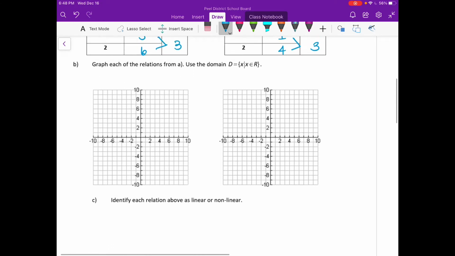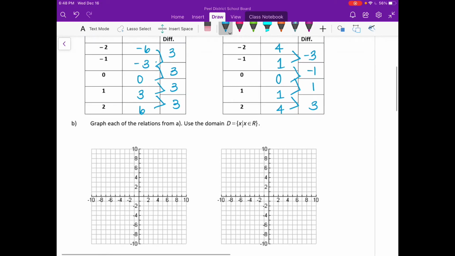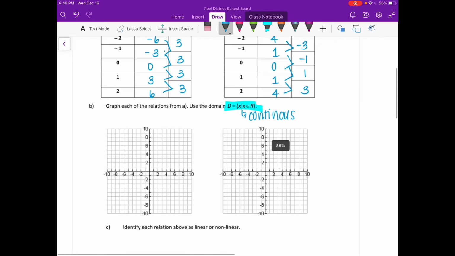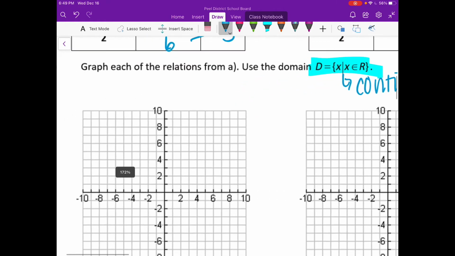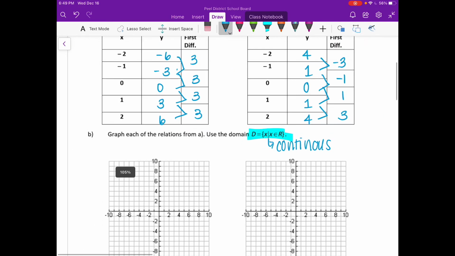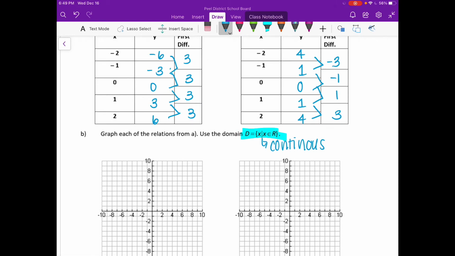Okay, so let's graph each of these. For the domain, y equals x, with x a real number, which just means that this is a continuous function. Okay, so I'm going to take my table values. So I have -2 and -6.